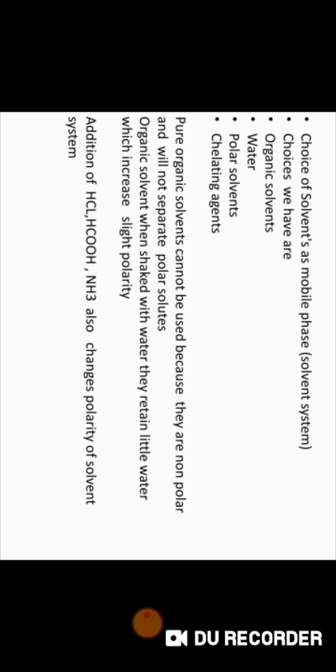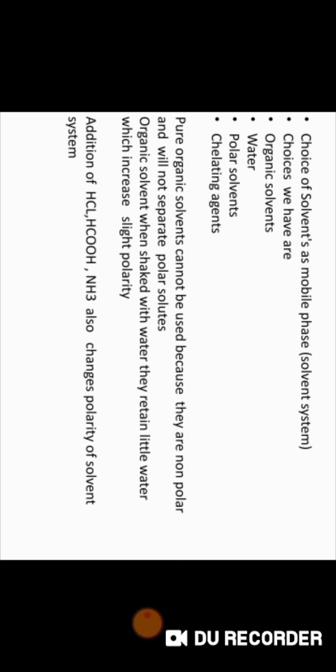Pure organic solvent cannot be used, because pure organic solvent is non-polar in nature and will not separate polar solutes. If there are some polar solutes in the sample, the organic solvent will not separate them.